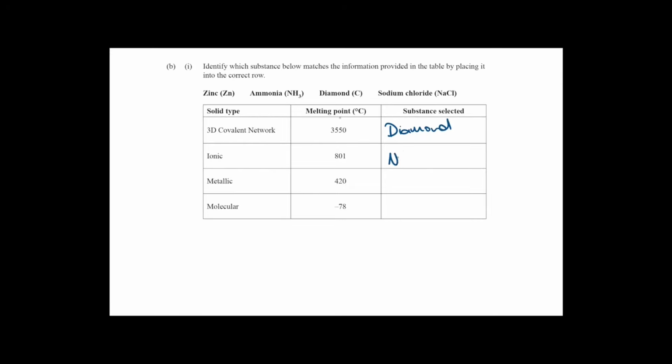This is going to be sodium chloride, NaCl. There's only one pure metal in there, and ammonia, NH3, should be there. It's a molecule, 1 nitrogen, 3 hydrogen. I mean, you should know that zinc and salt and diamonds do not melt at -78, so it's pretty easy to put that one there.